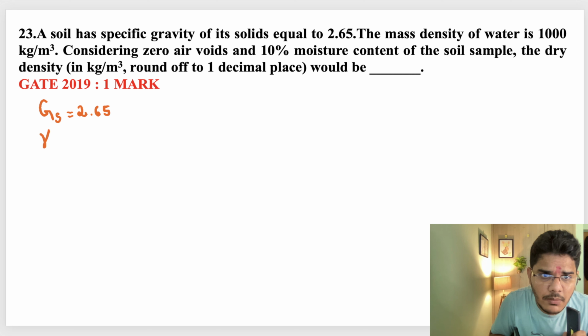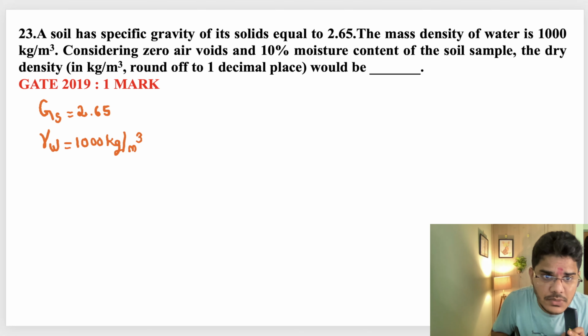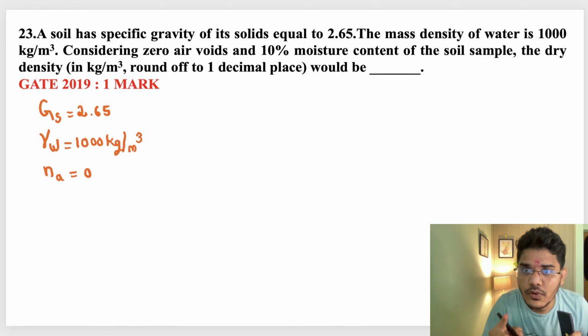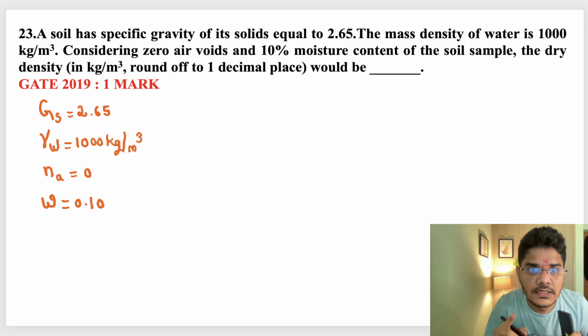So here gamma w is equal to 1000 kg per meter cube. Considering 0 air voids, that means na is equal to 0, and 10% moisture content of the soil sample. So water content also how much he has given? 0.10. The dry density in kg per meter cube, round off to 1 decimal place, would be.